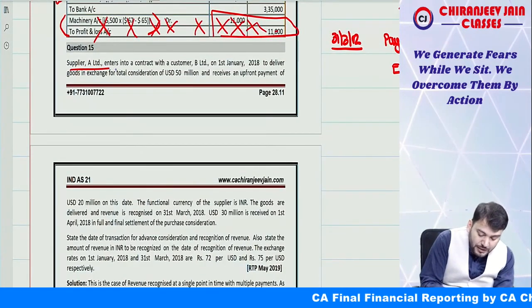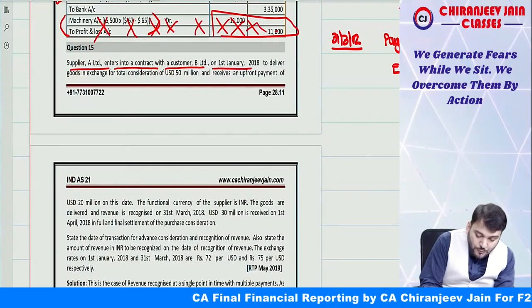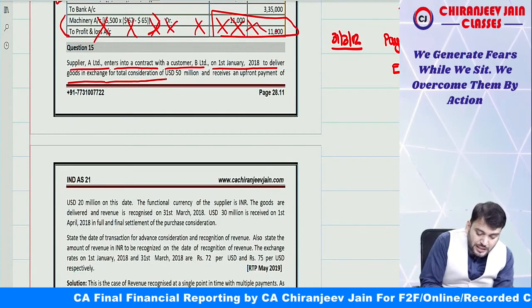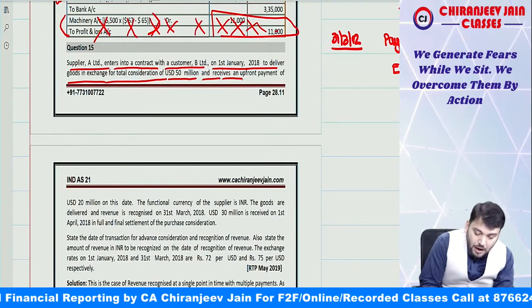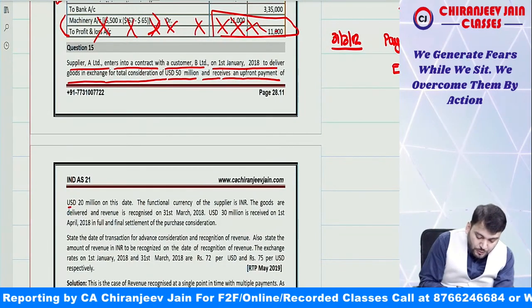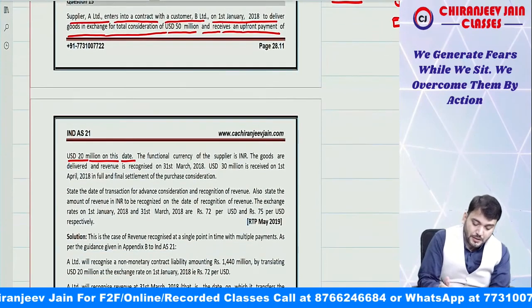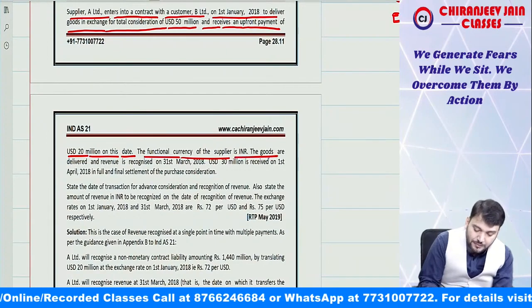Supplier A Limited enters into a contract with customer B Limited on 1st Jan 2018 to deliver goods in exchange of a total consideration of $50 million and receives an upfront payment of $20 million on this date. The functional currency of the supplier is INR.